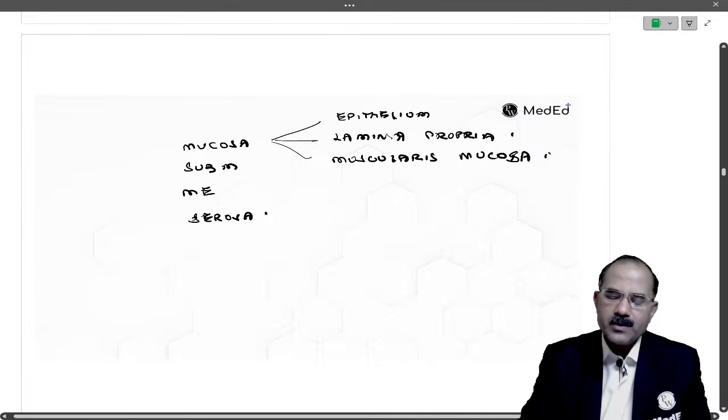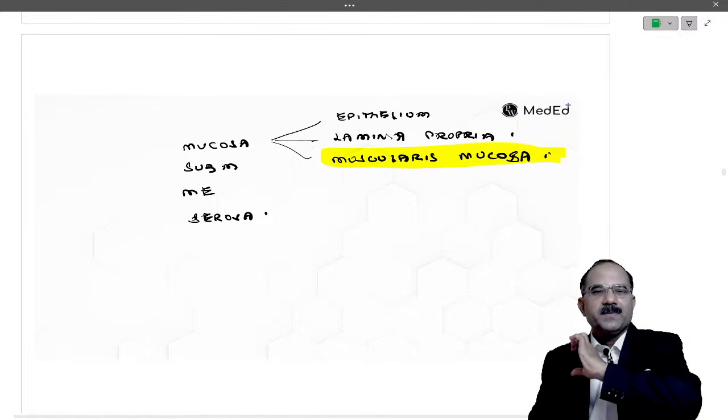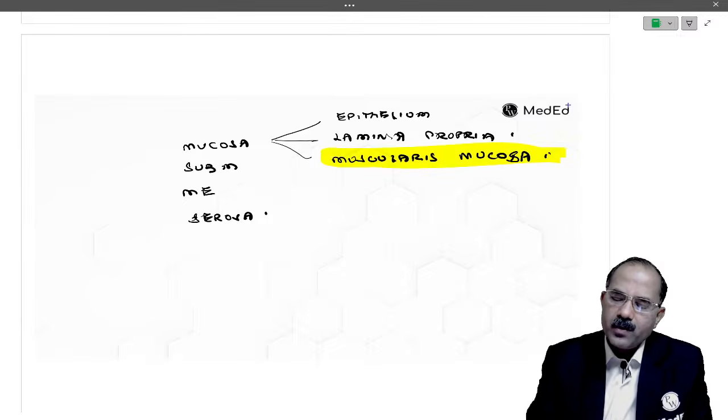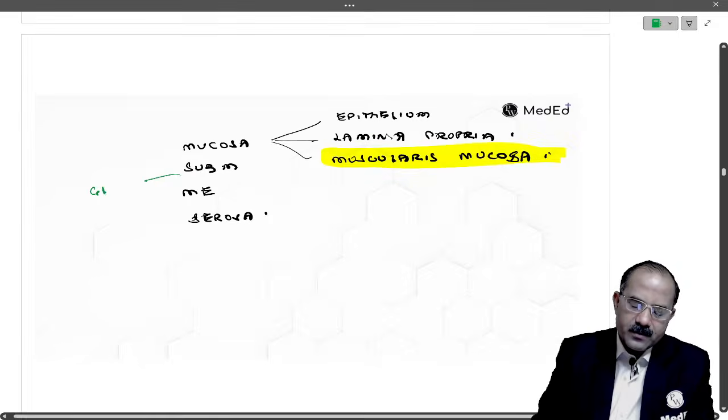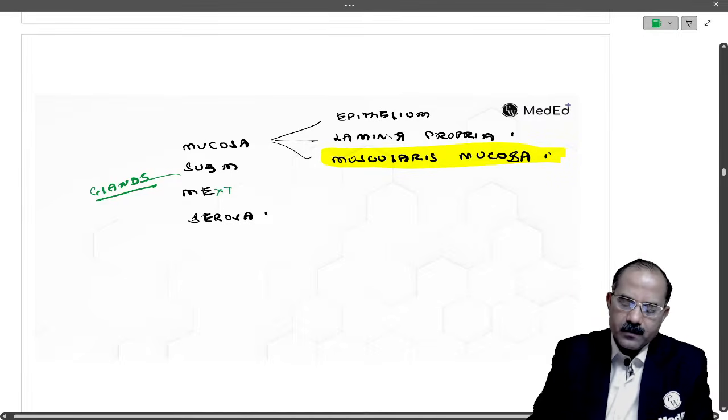Now this muscularis mucosa is a characteristic of GIT. Remember, this muscularis mucosa is present throughout the GIT. The next is submucosa. This submucosa generally contains glands.